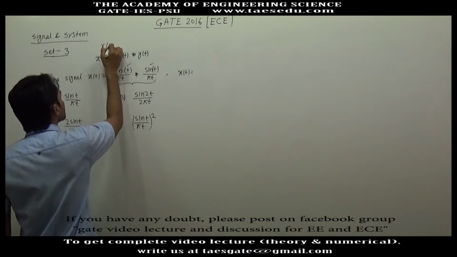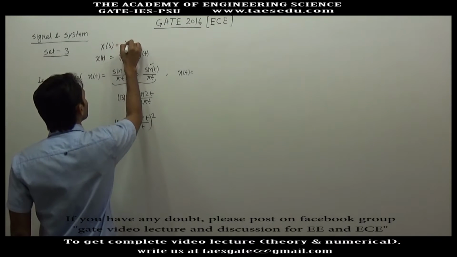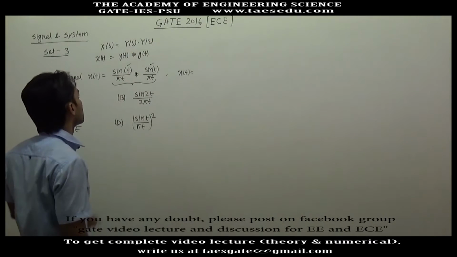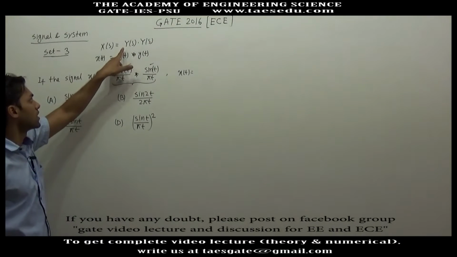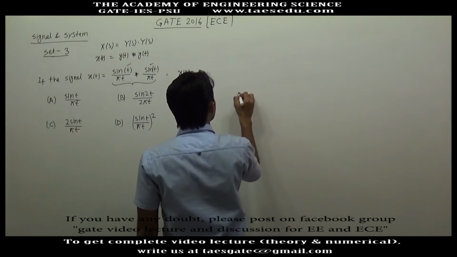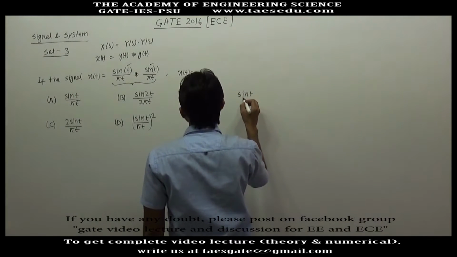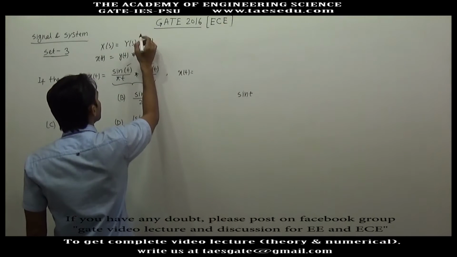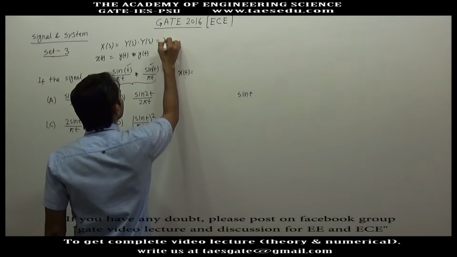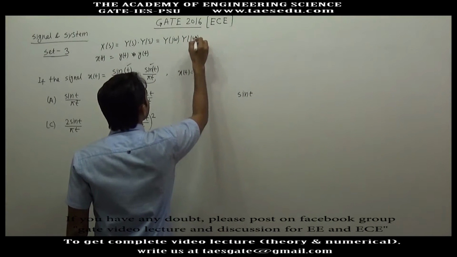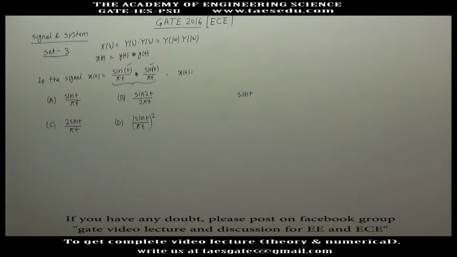So what will be X(s)? X(s) will be Y(s) times Y(s). So first we will find the Laplace, or rather the Fourier transform, of y(t), that is Y(j omega) times Y(j omega).